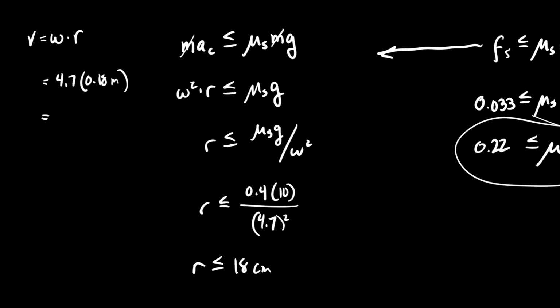4.7 is in radians per second, so I do want you to see something really quickly. The 4.7 was radians per second. And we're multiplying by 0.18 meters. It's important to note that if you have something that's in radians per second and you use it in this way, radians are considered unitless. We write radians in there to remind us that it is an angular measure, but it's a unitless value.